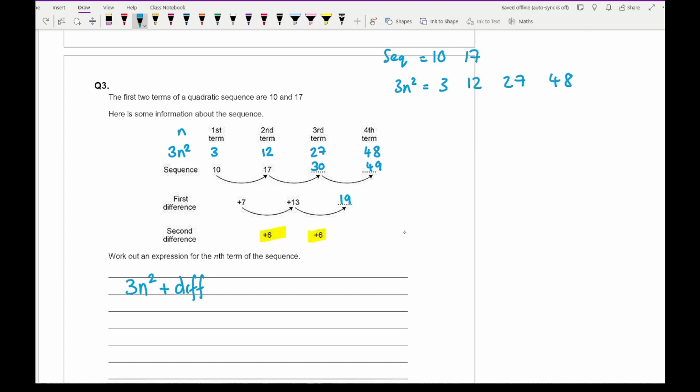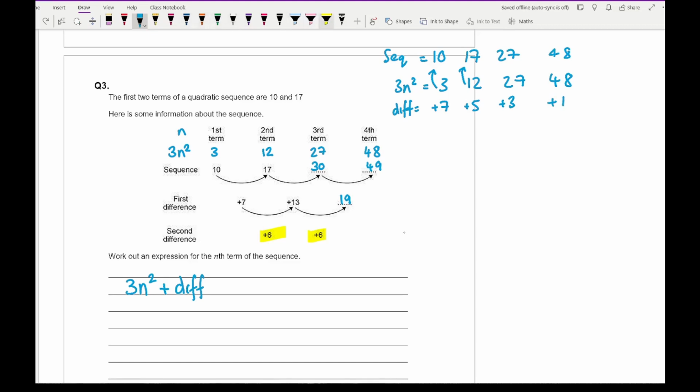So how do I get from this number to that number? So looking at the difference, I need to plus 7, then I need to plus 5, then I need to plus 3. So if I just write 27 and 48, and then I need to plus 1.